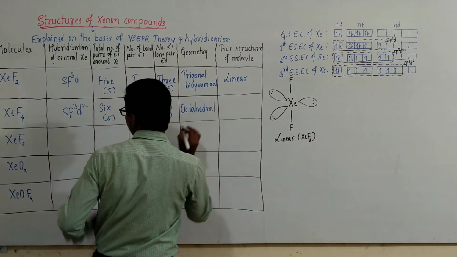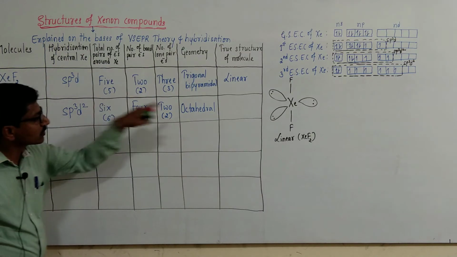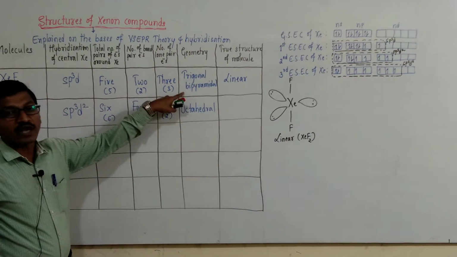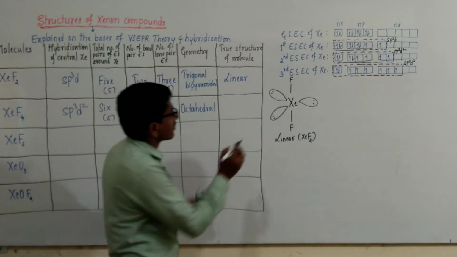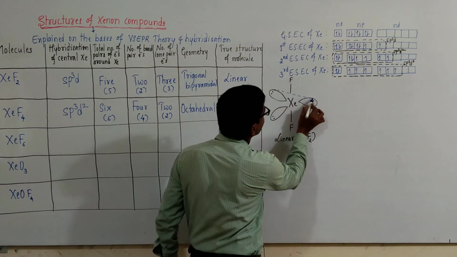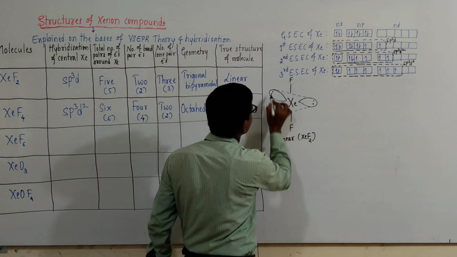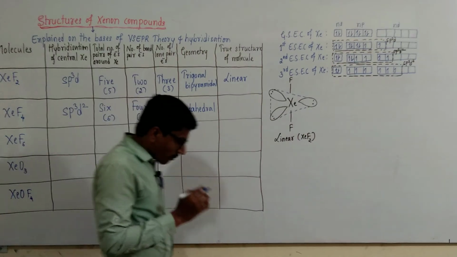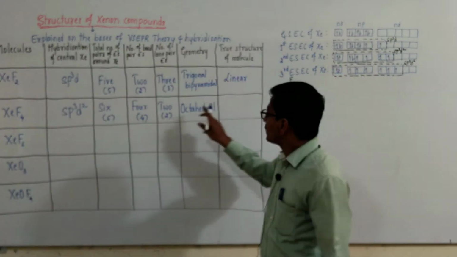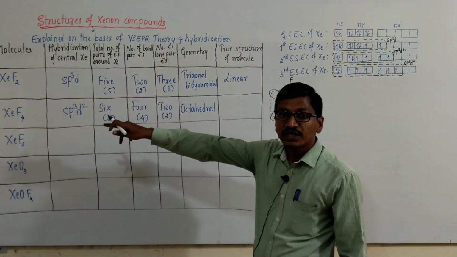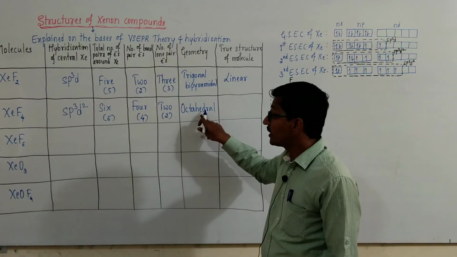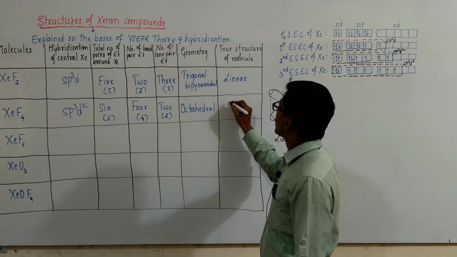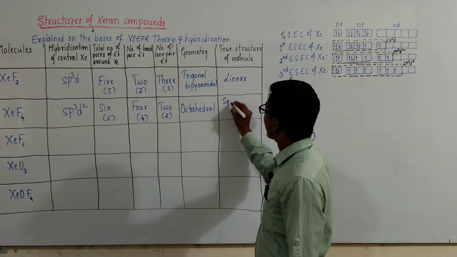We know that if there is sp3d2 hybridization, there will be octahedral geometry, and if sp3d, there will be trigonal bipyramidal geometry. Then the geometry of sp3d2 hybrid state of XeF4 is octahedral, but it contains two lone pairs of electrons, and its true structure is square planar.